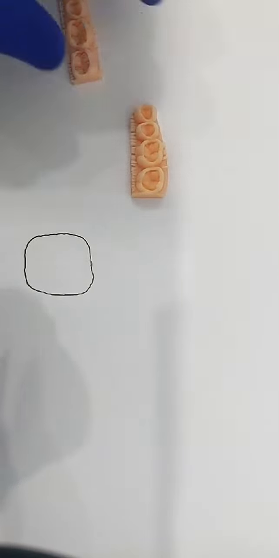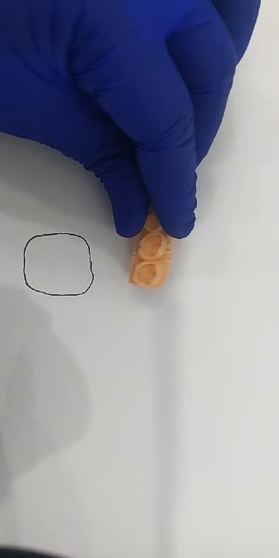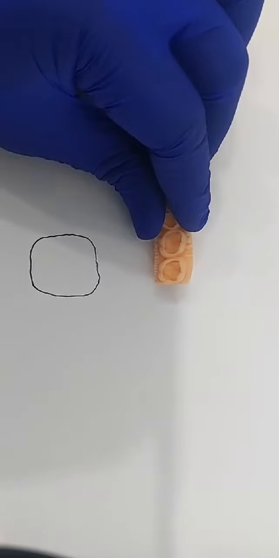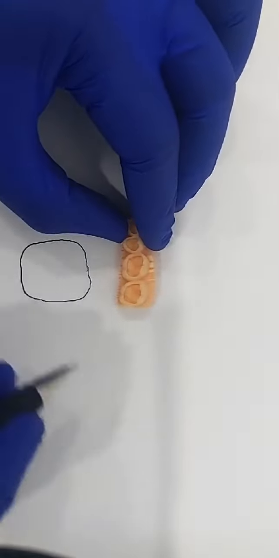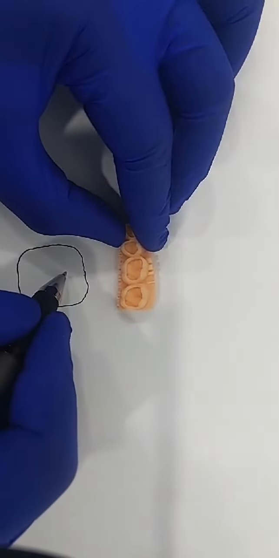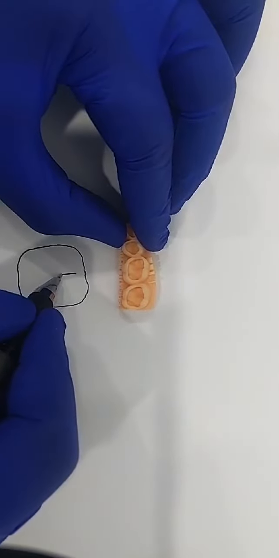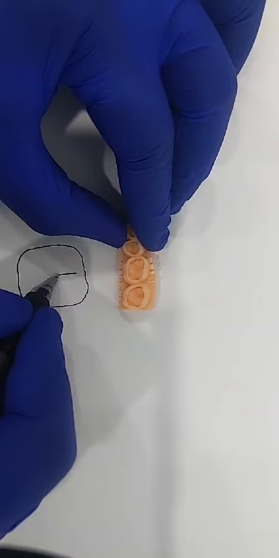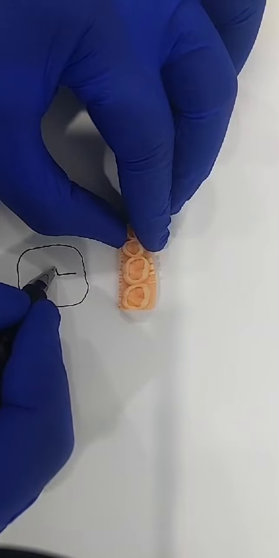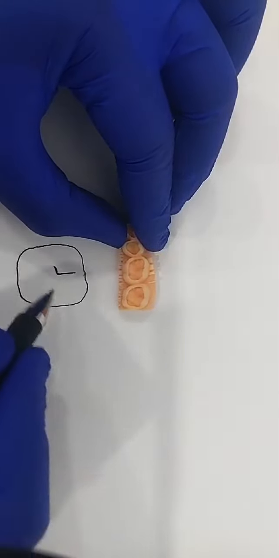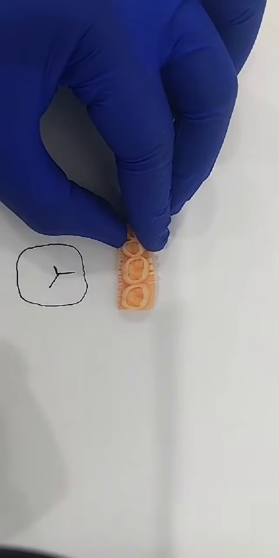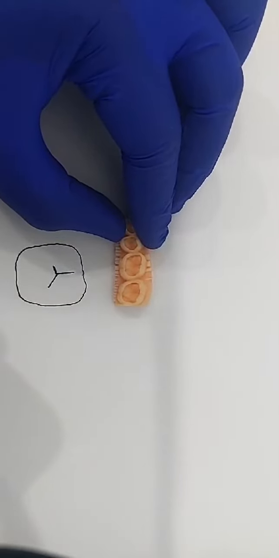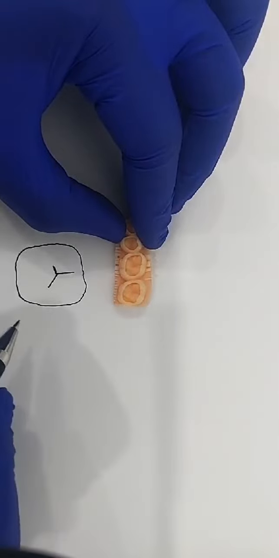With upper molars, the basic outline, I'd say, is just a line down the middle, and then almost a 90-degree angle there, and then we bisect that line. If you have that basic shape, then you can't really go too wrong.